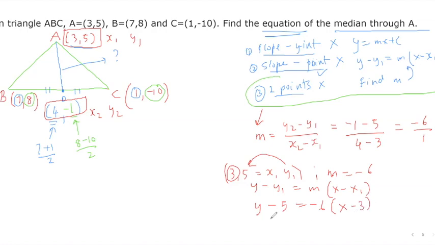Just simplify using a little bit of algebra. y minus 5 is equal to minus 6x plus 18. So y is equal to minus 6x plus 23, right? Because the 5 comes over and adds on to the 18. So that's your equation of the line.